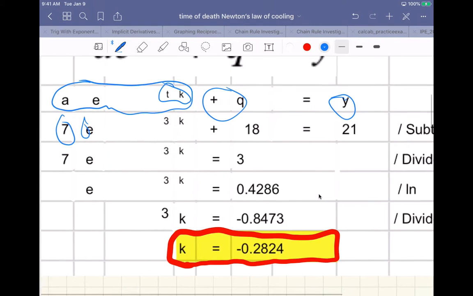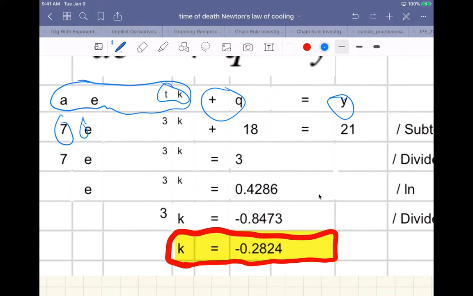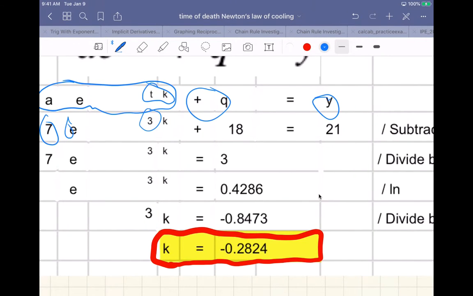So we're going to use that 10 p.m. measurement. I'm subbing in this 3 because I'm substituting in the time and the temperature at 10 p.m. to figure out k. Then I added in the horizontal asymptote q, and I know the y value at 10 p.m. is 21.